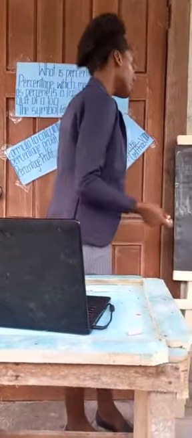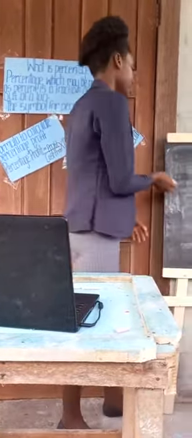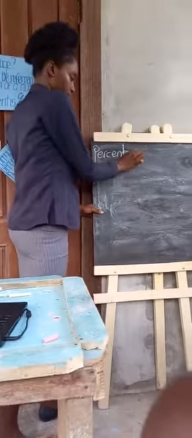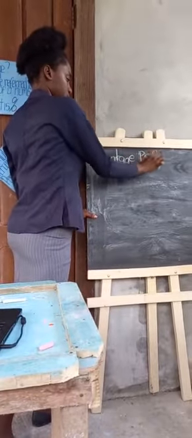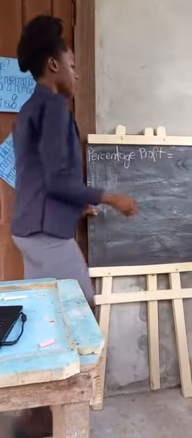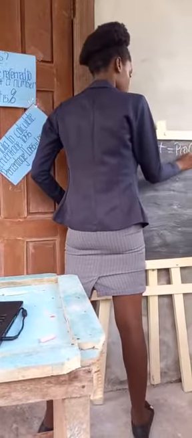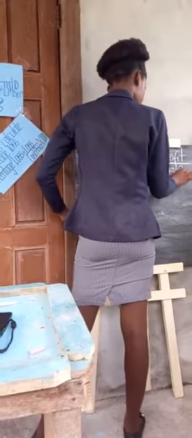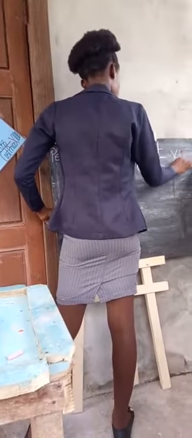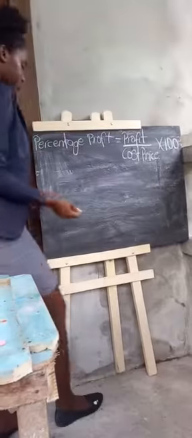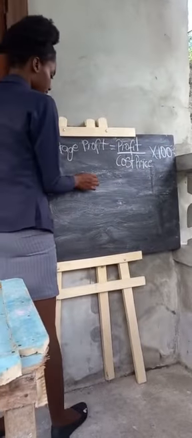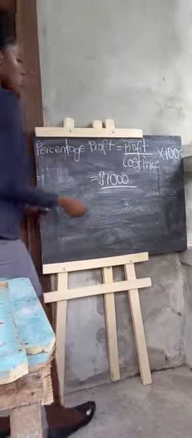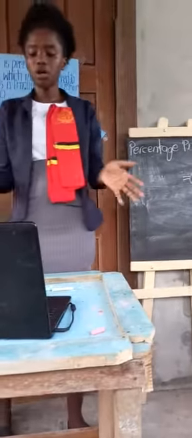So our formula to find percentage profit is the profit divided by the cost price times 100. So we just found out that we had a profit of $1,000. What was our cost price?